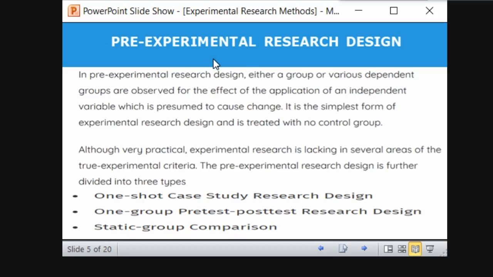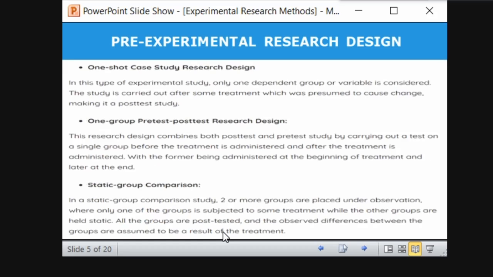So you see here in pre-experimental there is no control group. Either a single group or more than one dependent variable are observed over a certain period of time, recording the changes. So these are the three types: one shot, one group pre-test post-test, and static group comparison. We will see the types of pre-experimental research design with specific examples.